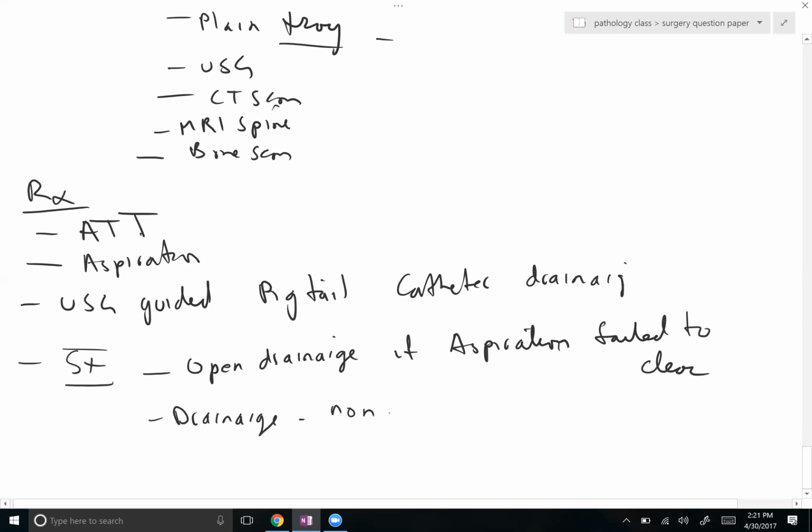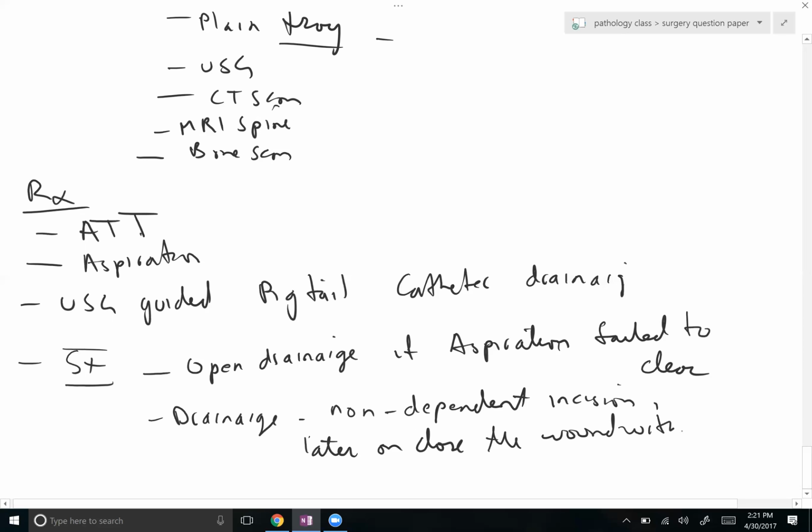We use a different type of incision that is known as non-dependent incision. After we use a non-dependent incision, we later close the wound without placing a drain.